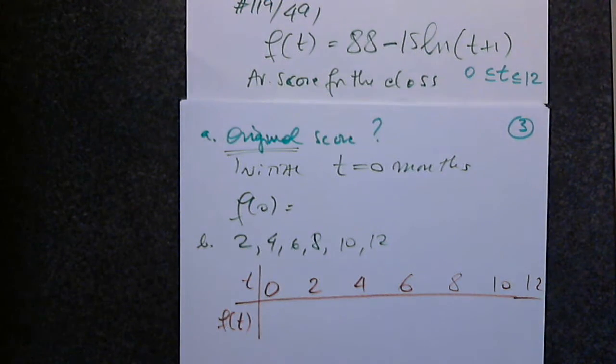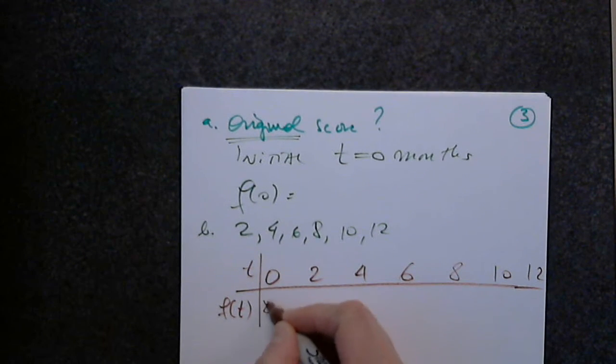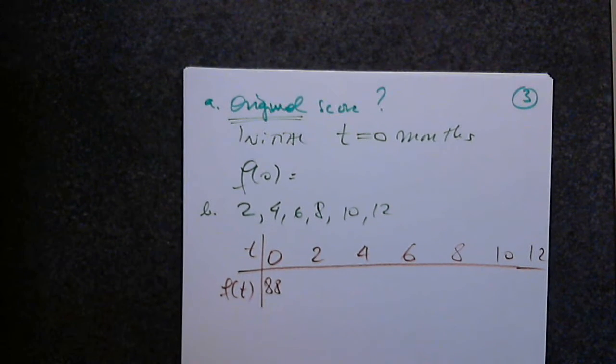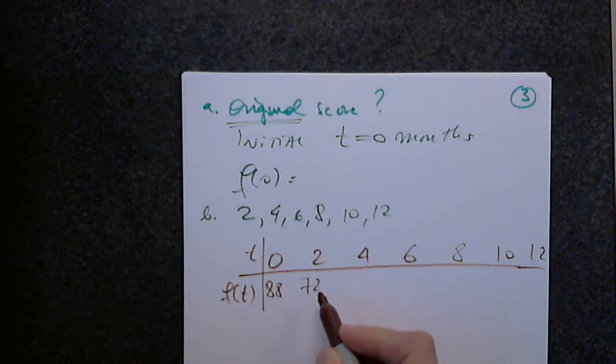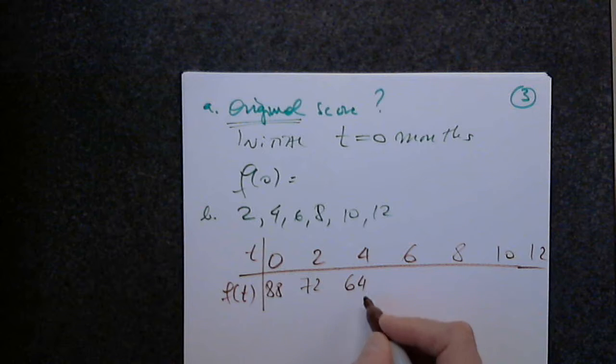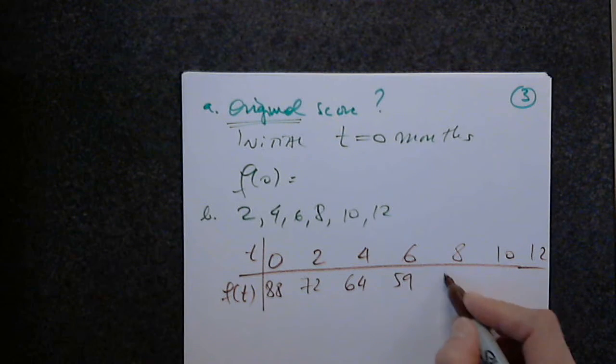So when time is 0, what was the average score? How much? Perfect. When time is 2 months, 72. When it's 4, it's 64. When it's 6, it's 59. When it's 8, it's 55.